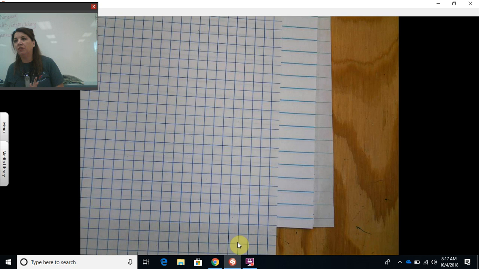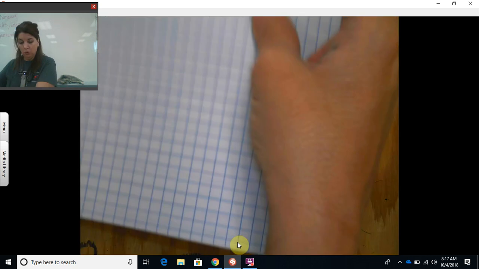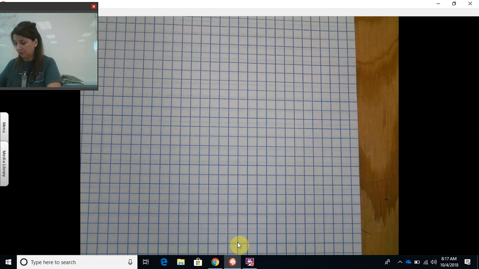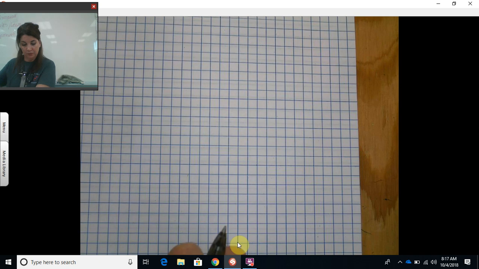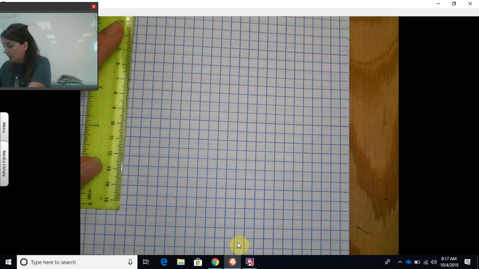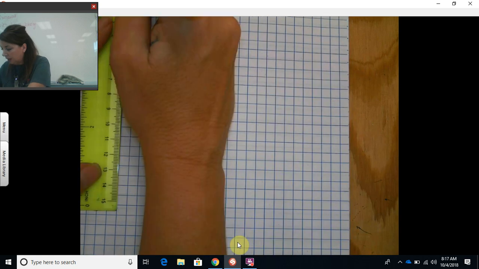So I'll go to at least 15 on both axes, and I'm going to do increments of 1. I'll probably go higher than that.